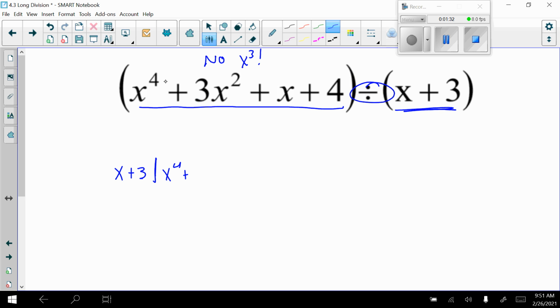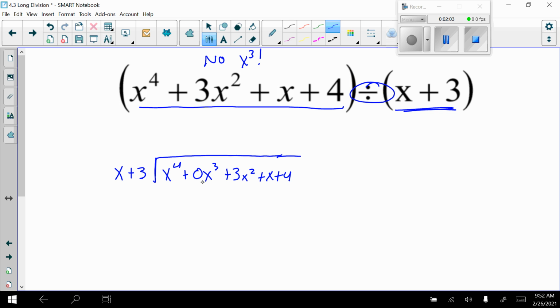When I go to write it in here, I have to include a 0x cubed because I'm missing an x cubed in the original polynomial, and you'll see why that is important. If you're missing any term in the sequence, you have to make sure you include that as a 0 when you write it in there.